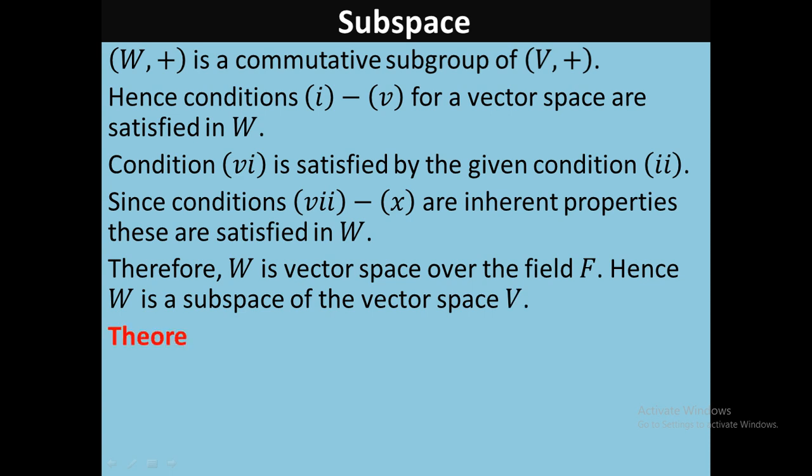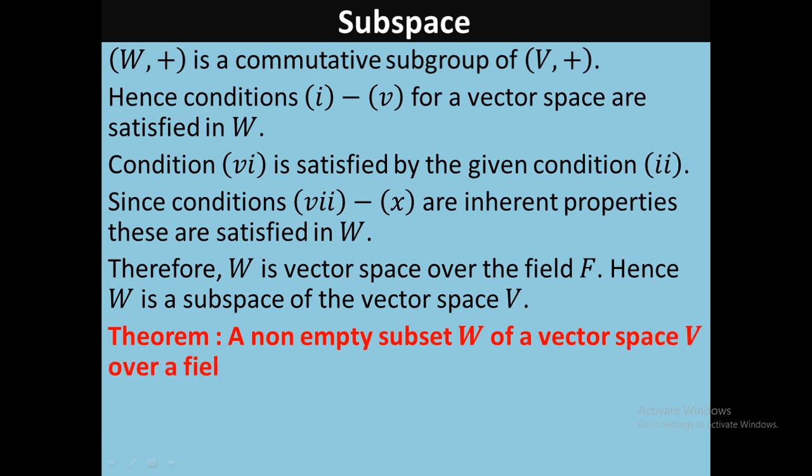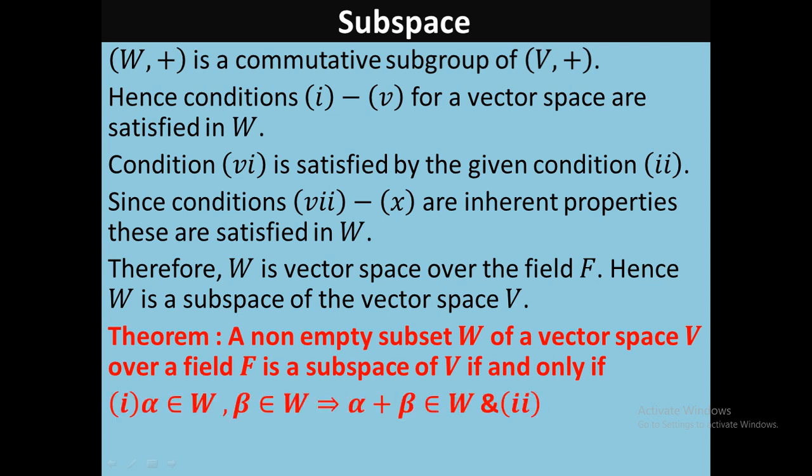So we get the theorem: a non-empty subset W of a vector space V over a field F is a subspace of V if and only if, number 1, alpha, beta in W implies that alpha plus beta in W; number 2, alpha in W and C in F implies that C alpha in W. Here I proved that when the two conditions are satisfied, then W is a subspace.